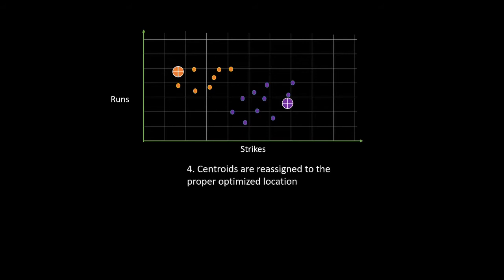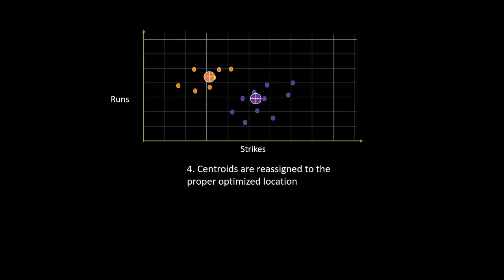Okay, so you have to understand that centroids are reassigned to an optimized location. We started off randomly assigning the centroids. It was perfectly random where we put it.